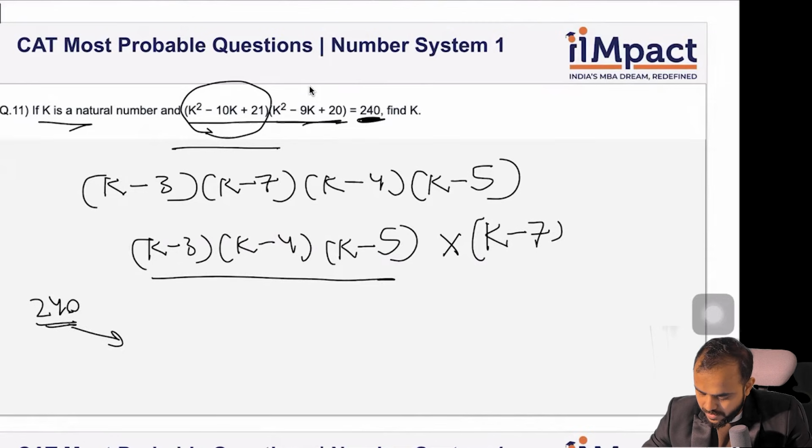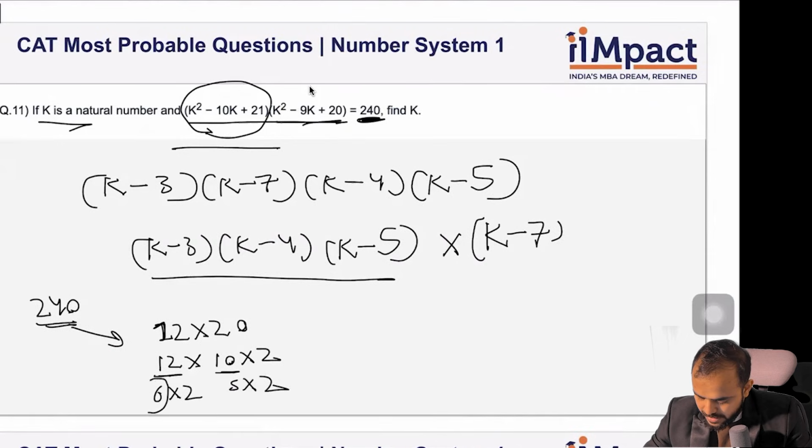I want to arrive at a product of three consecutive numbers. So I will first write this as 12 into 20. Now I will have to break these numbers down further. I will write this as 12 into 10 into 2. I can break this as 6 into 2 and this as 5 into 2. So I can see 6 and 5 being consecutive.